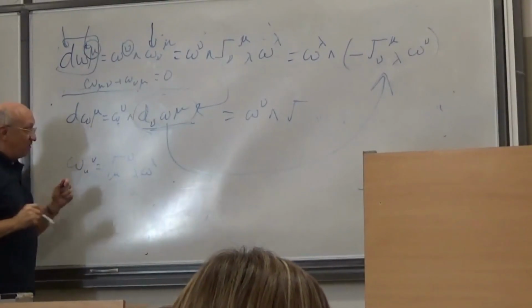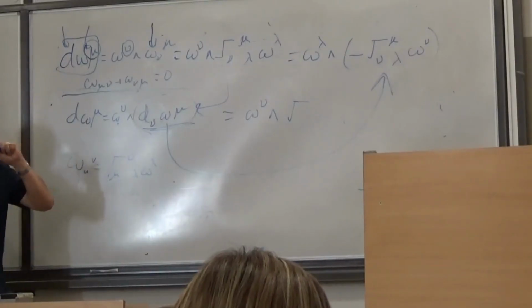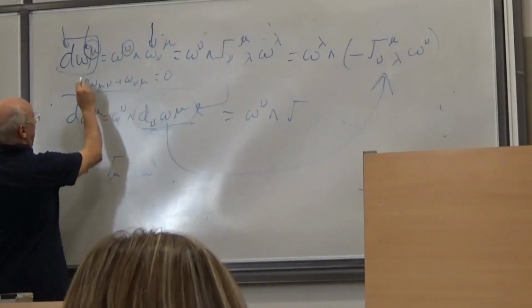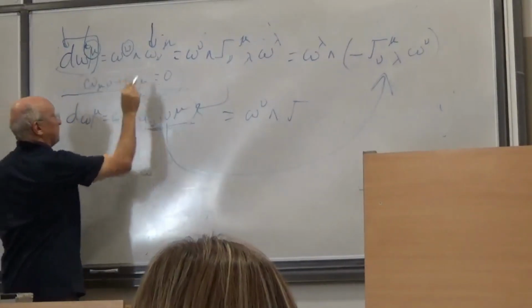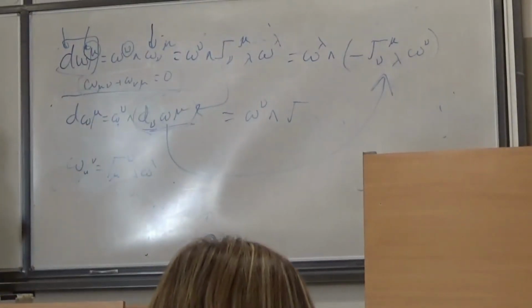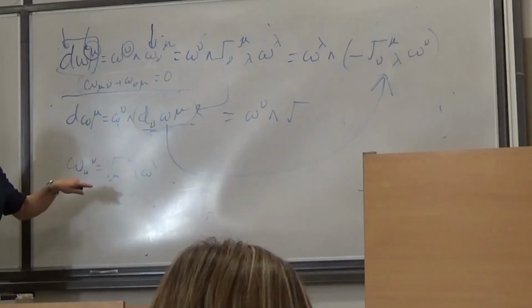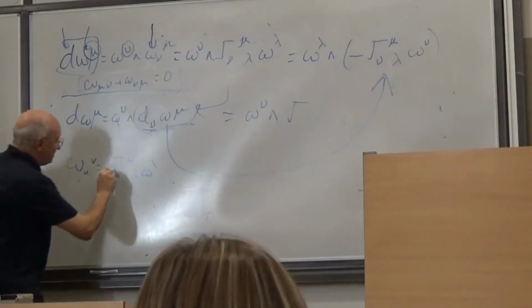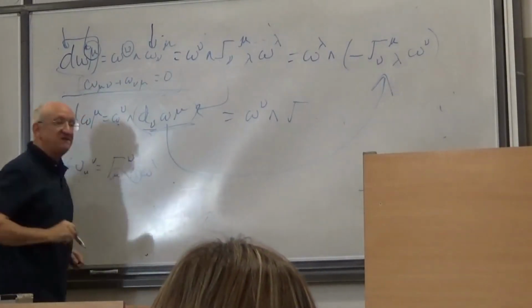When you use orthogonal bases, you have this anti-symmetry property. But when you use coordinate bases, you don't have that property, and instead you have symmetry with respect to this pair of indices.